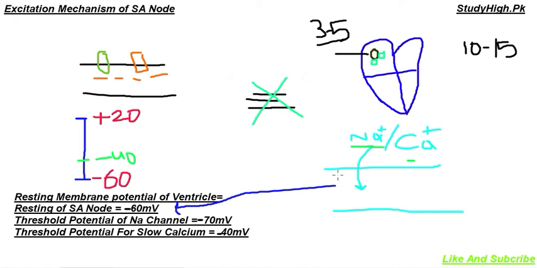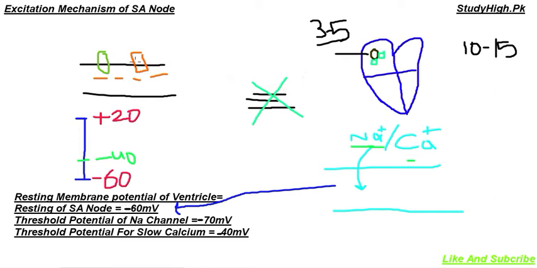So there are two things. First, this cell membrane is permeable to sodium and calcium ions, which causes minus 60 millivolt to move towards the positive potential of plus 20 millivolt. Second, fast sodium channels have no role in conduction of sodium to the inside or outside, because at this resting membrane potential, fast sodium channels are inactivated and always remain inactivated.